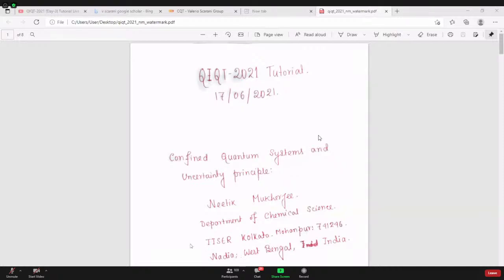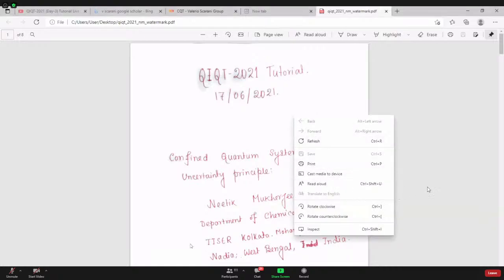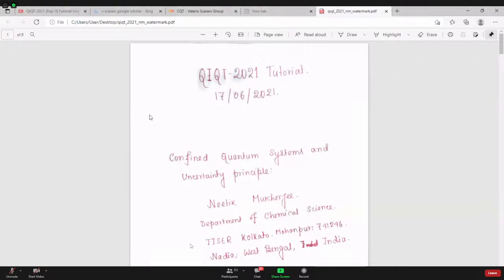Sir, can you turn off the annotation option, this marker option, because students use it to actually draw on the screen while you are presenting. Go to view options.